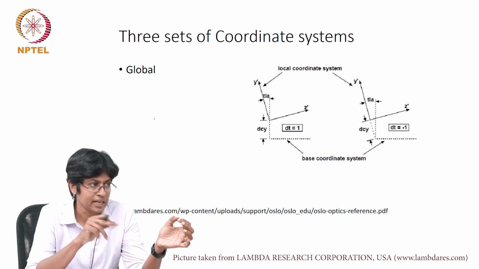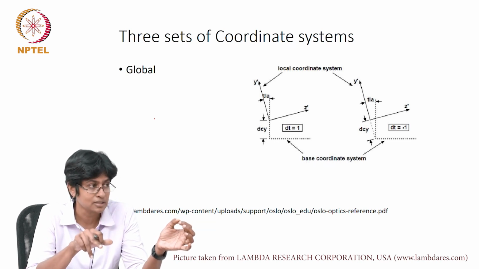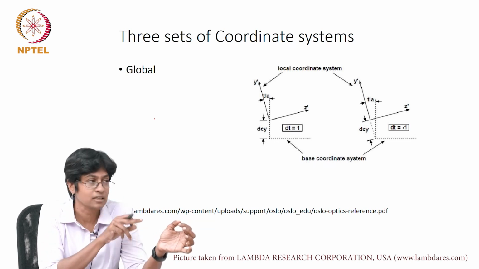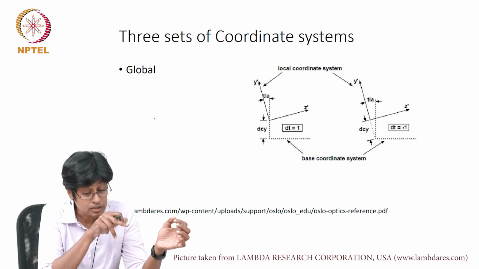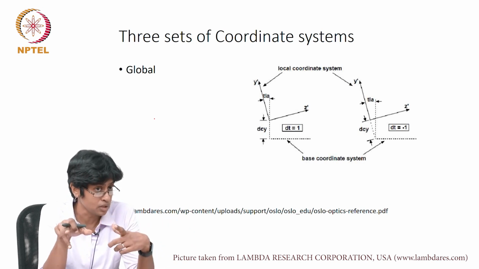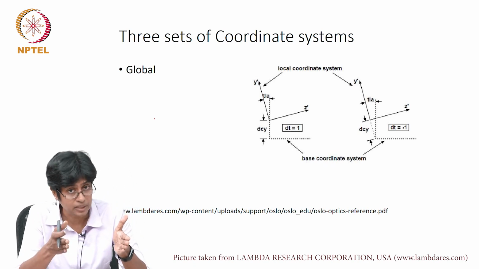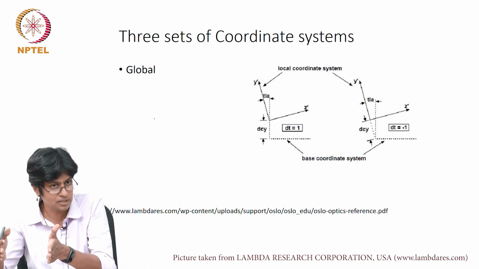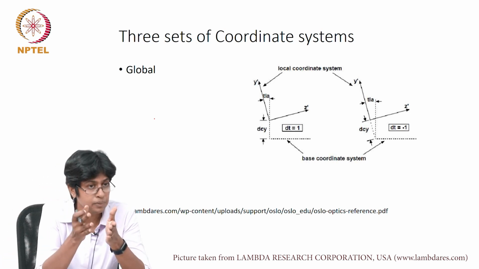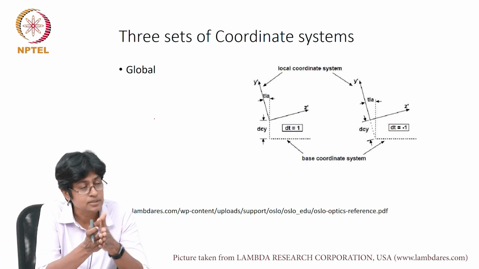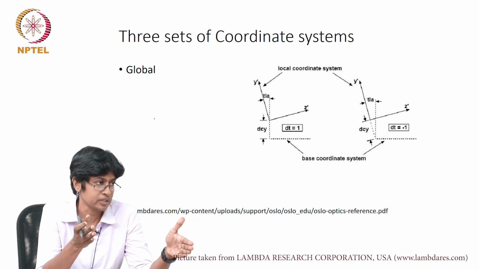Any tilt or any decenter, any distance will be measured from that global surface. So you've been using local coordinates. You were always saying from this position a distance of so much, from this position a distance of so much, right? The global coordinate system is always with respect to a reference surface.